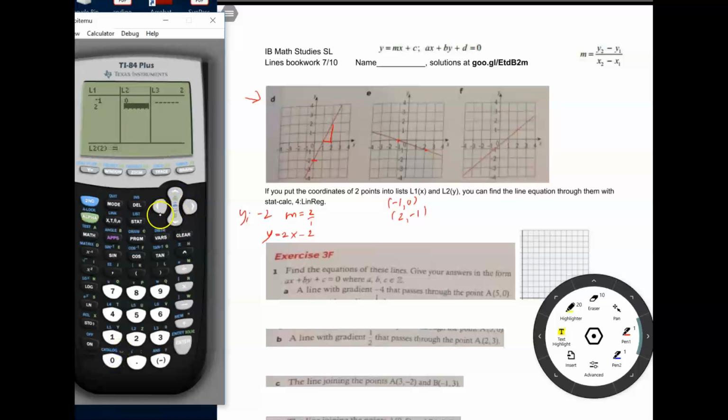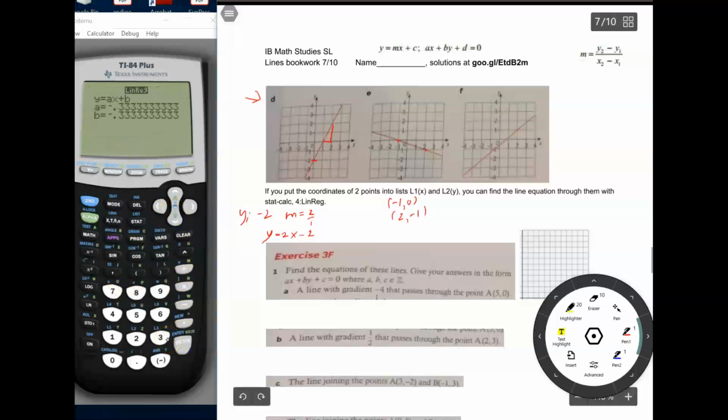And I will do stat, calc, lin reg, and I get y equals -0.333x minus 0.333. Let me rewrite that. y equals -0.33x minus 0.333.